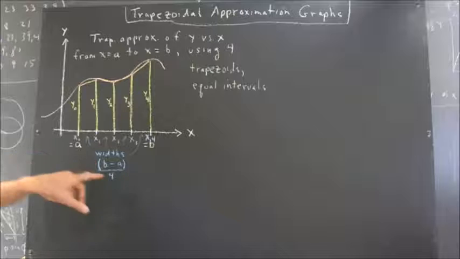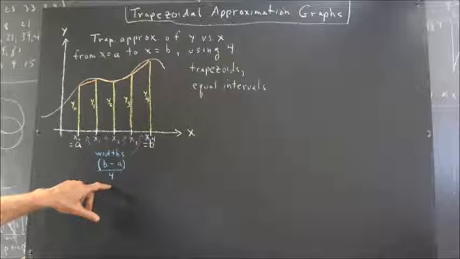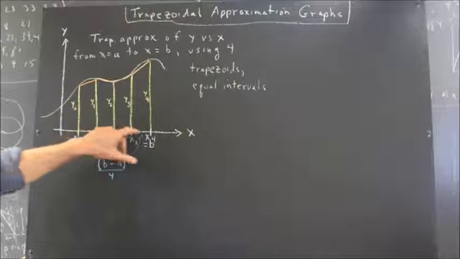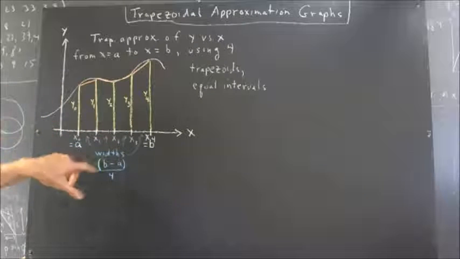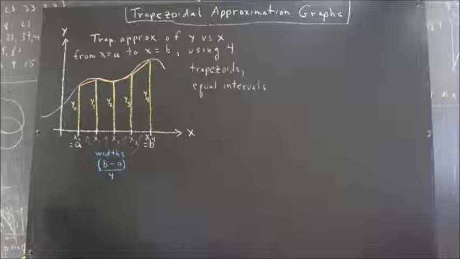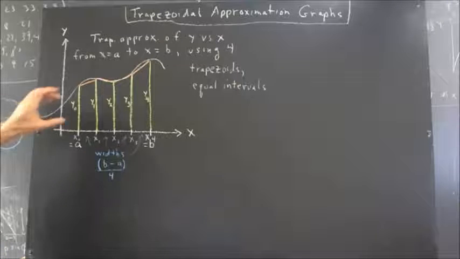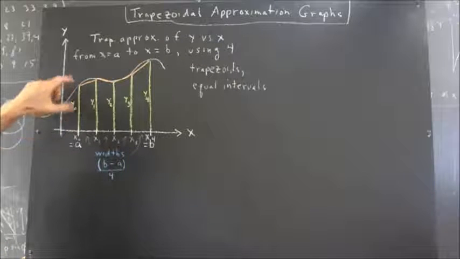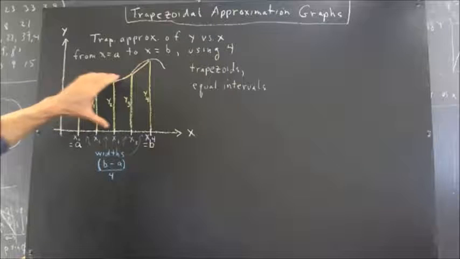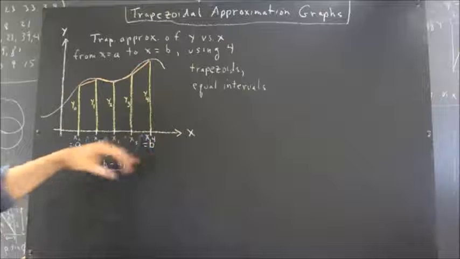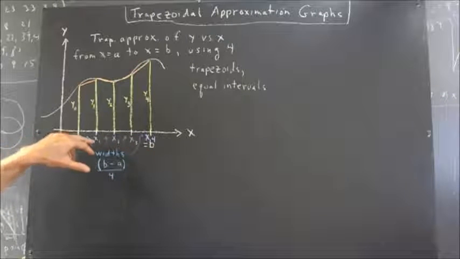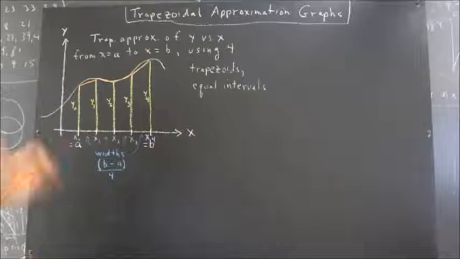Okay, so I've just indicated the widths are b minus a divided by 4, with a little arrow to each trapezoid width indicating that that is the width of the trapezoid. Now, having calculated our projection line lengths, which will be the altitudes of our various trapezoids, and knowing the widths, we don't have any more need of x0, x1, x2, x3, or x4.